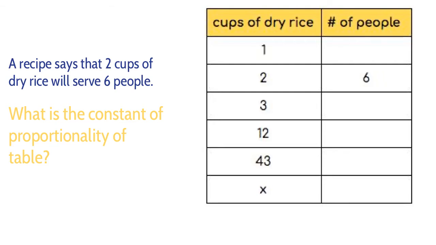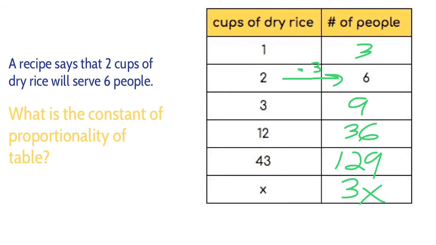A recipe says that 2 cups of dry rice will serve 6 people. What is the constant proportionality for this table? Well, the constant proportionality is 3. I can see that because I can see the connection that exists between each of the numbers. Going from the left column to the right column, I would multiply by 3.